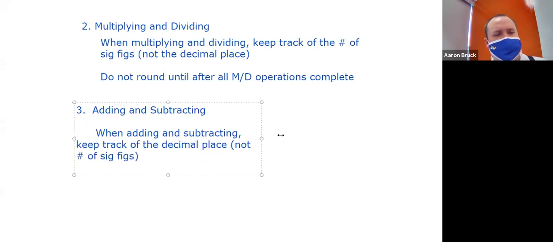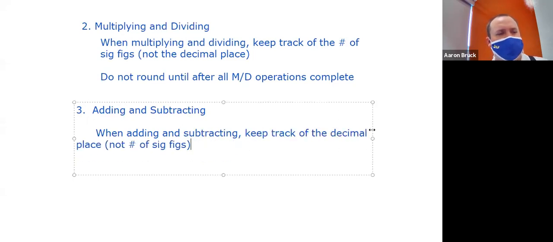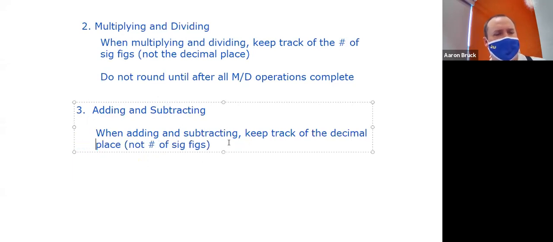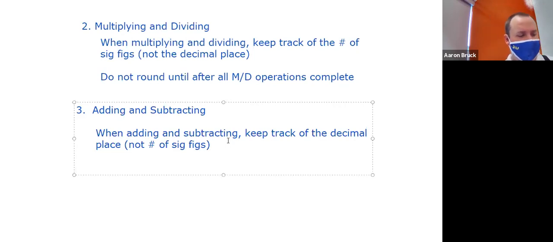When adding and subtracting, our rules are pretty much in reverse. We keep track of decimal places, or the decimal place, not the number of significant figures, but we hold the same rule also.